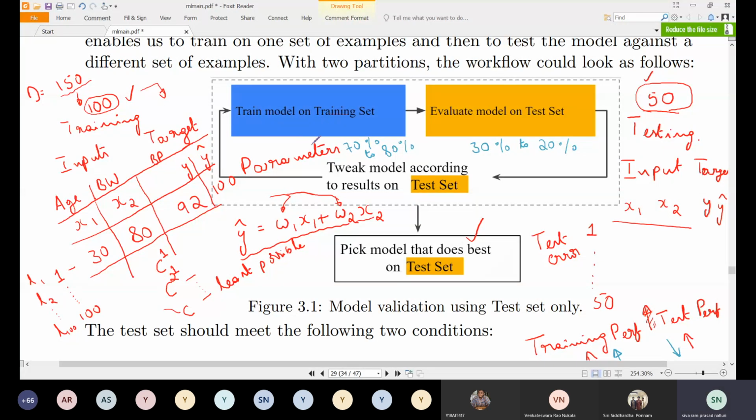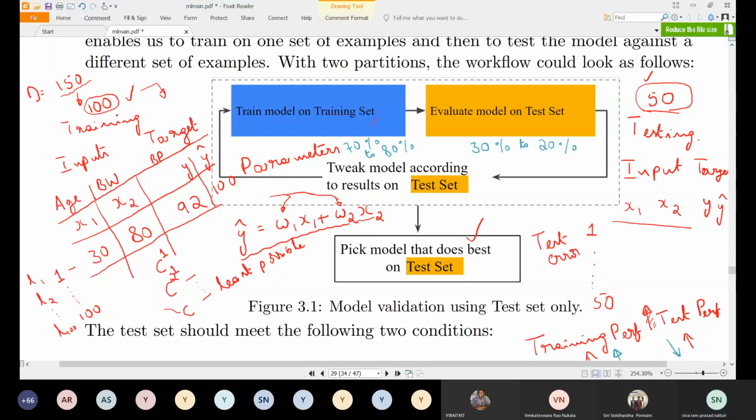Okay. I will explain one possibility of making a mistake here. Assume that in the data set there are duplicates.